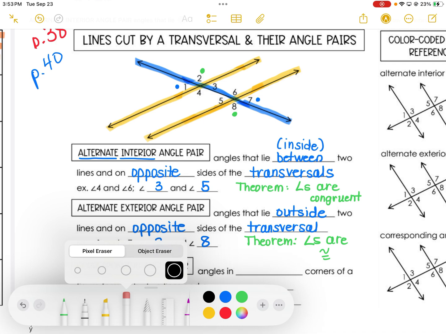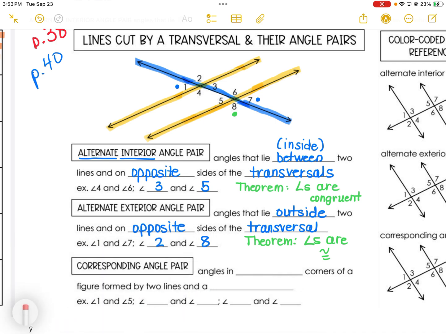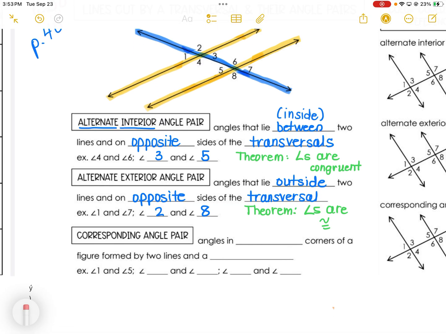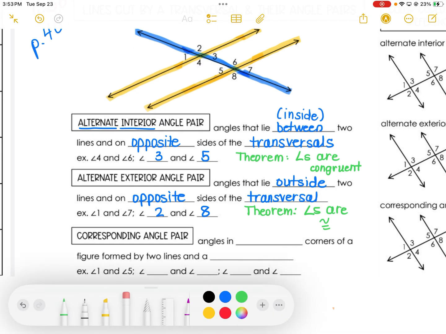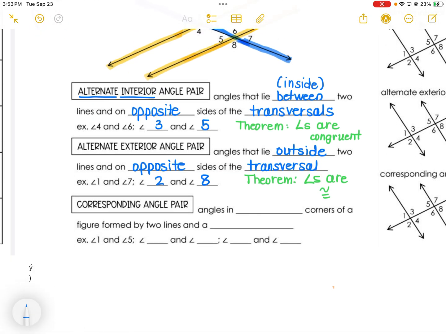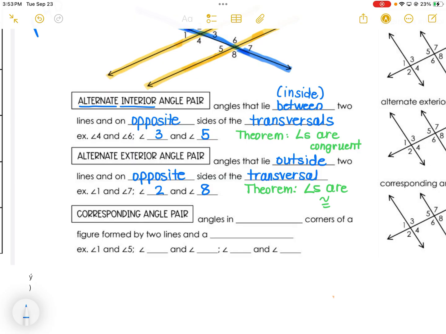Okay, let's look at the next type. Let me erase these little marks. Corresponding angle pairs. This is a very visual thing to me. Corresponding angle pairs are angles in matching corners of a figure formed by two lines and a transversal. I'm going to show you what that means in just a minute.